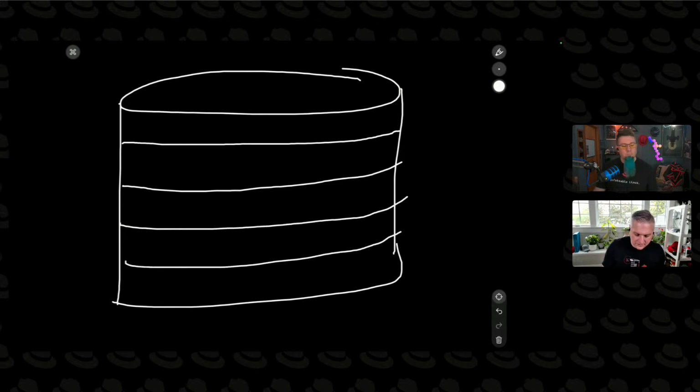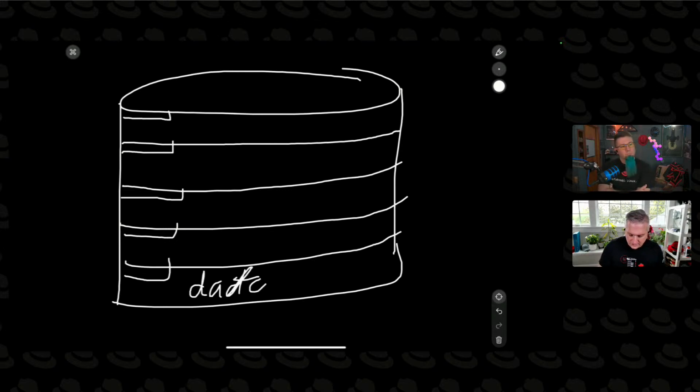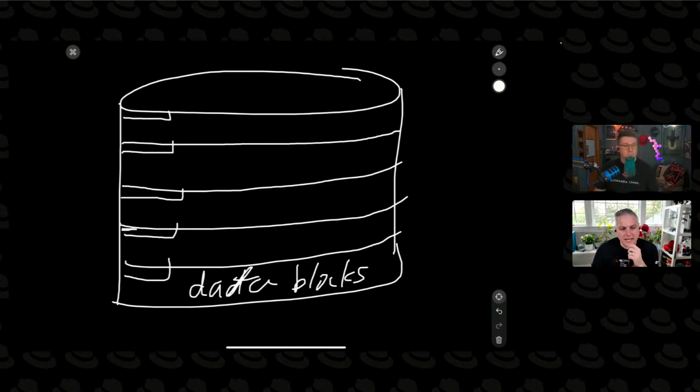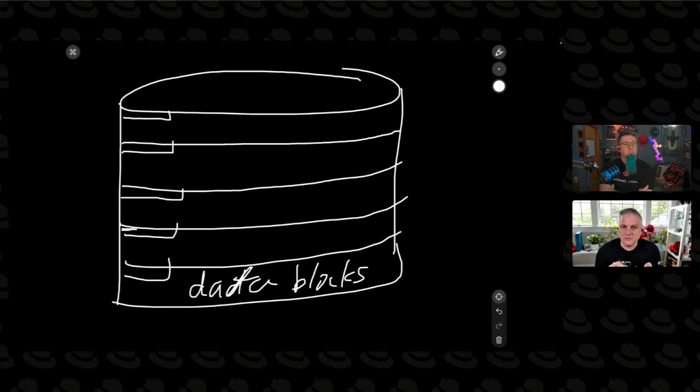And inside of the area of the disk, there's going to be metadata tracking areas. And then over here, these are the data blocks. And so when we create a file and it gets an inode, that inode is actually in here. And it tracks all the properties of this file.